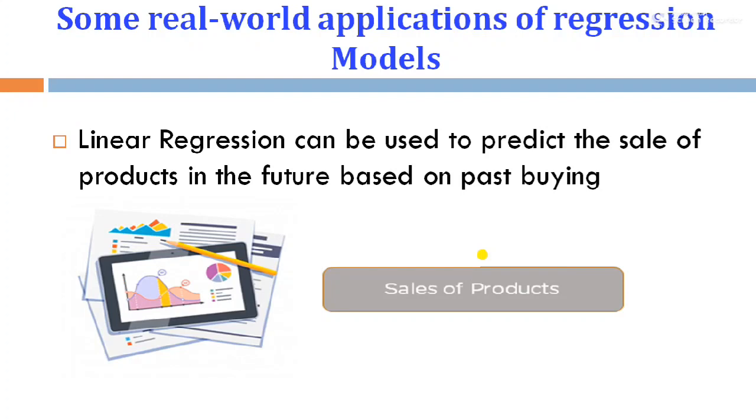Now let us see some real life applications of regression models. The first example is that regression models can be used to predict the sales of a product in the future based on past buying. Here the sale of a product is the dependent variable and past buying is the independent variable. So by observing the past buying data we can forecast the sale of a product.